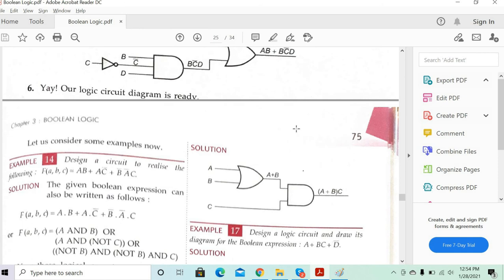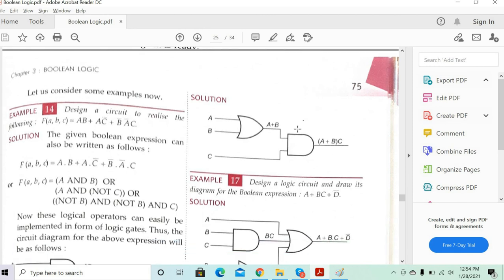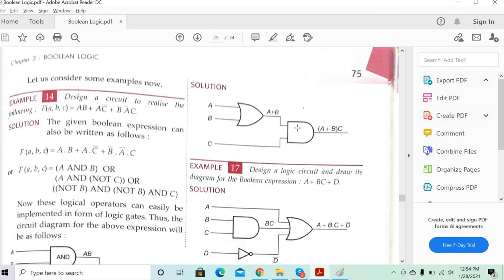Yes, sir. Excellent. Now can you quickly do example 14 to understand this part, the logic diagram? Example 14. Okay, sir. I'll try. Yeah, try example 14 now.